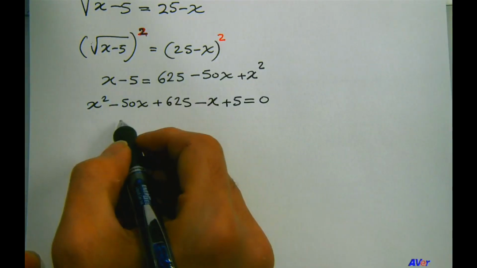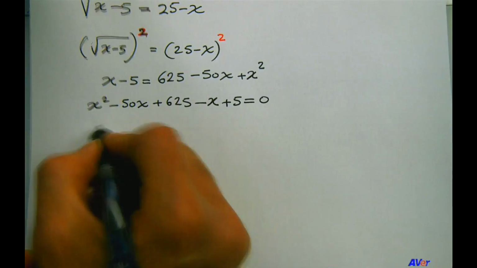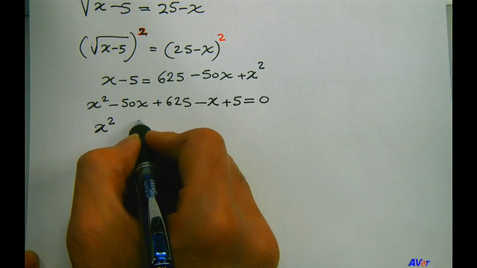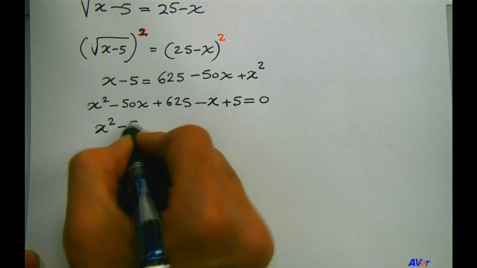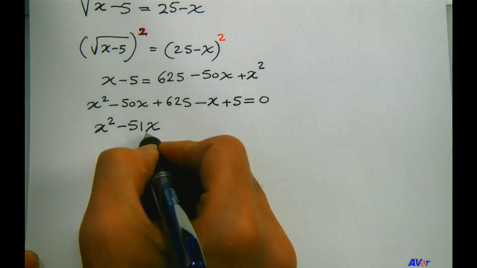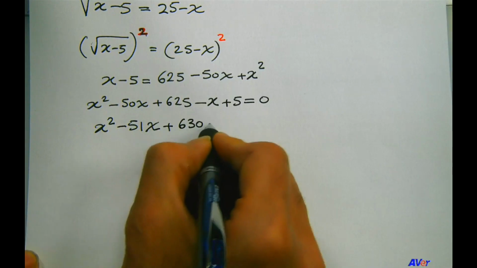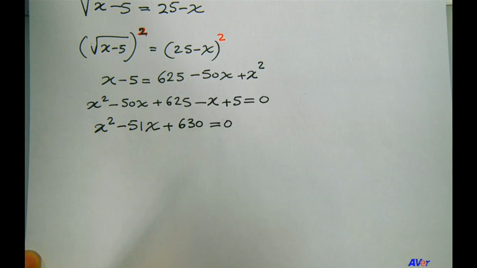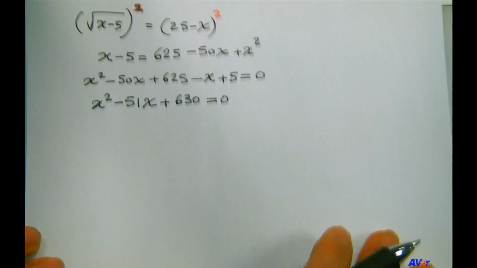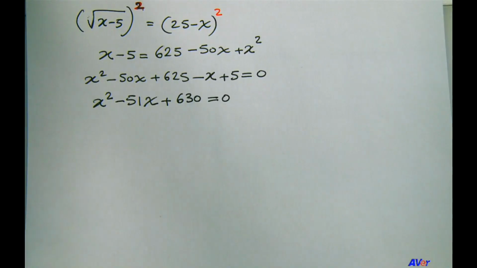Okay. All right, so let's simplify this a little more. X squared minus 51x plus 630 equals 0. Okay, it turned out to be a big expression here.